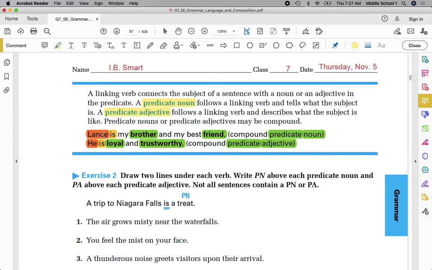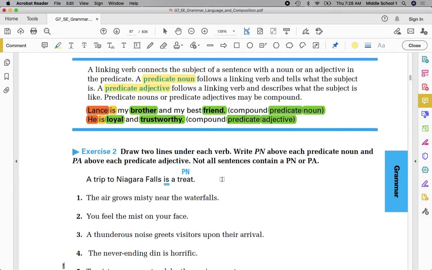I'm going to label LV, linking verb, or use a color. And I'm going to use PN for words like brother or friend because they're predicate nouns. And I'm going to use PA for words like loyal or trustworthy because they're predicate adjectives. Follow carefully as we go through these sentences.